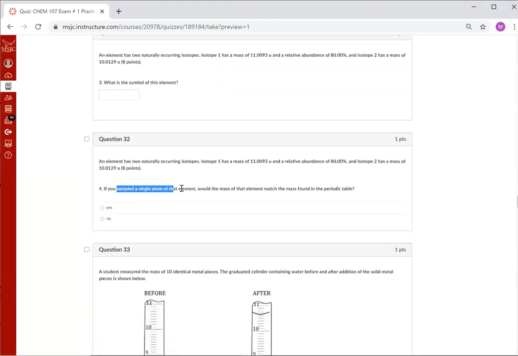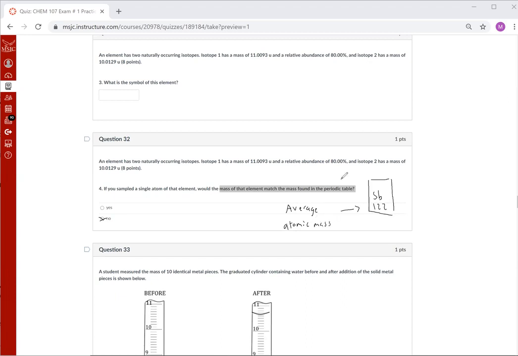So continuing on, let's answer this really important question. If you sampled a single atom of that element, would the mass of that element match the atomic mass found in the periodic table? What do we think? No, but I don't know why. It wouldn't, because if we think about the atomic mass in the periodic table for something like antimony, which is 122, this atomic mass, by definition, is the average atomic mass, right?